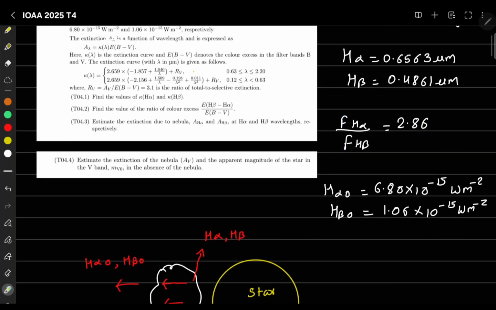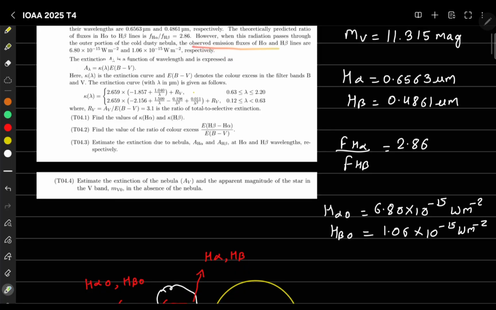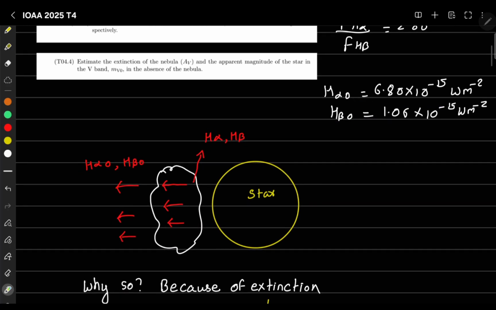But we are also told the flux that we observed, which has been provided. So if there were no ISM present, the Hα and Hβ fluxes would have been this, but since we are observing the fluxes of Hα observed and Hβ observed, this is the case that has been provided by the question.